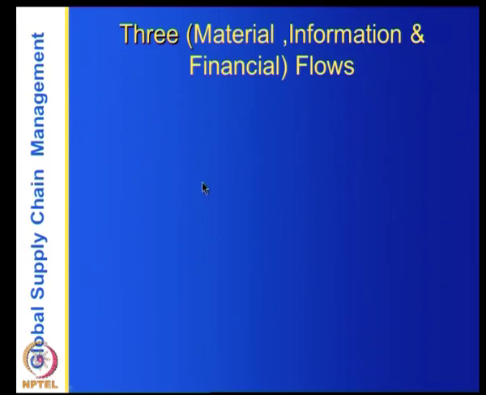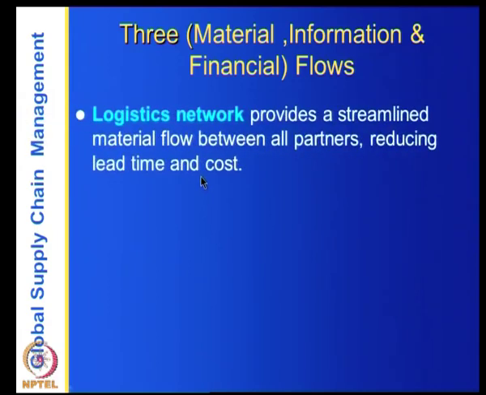There are 3 flows. As I said, the first flow is the goods flow or the material flow between all the partners. The logistics network provides a streamlined material flow between all the partners.